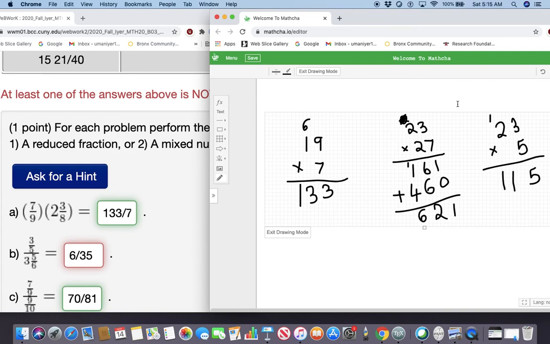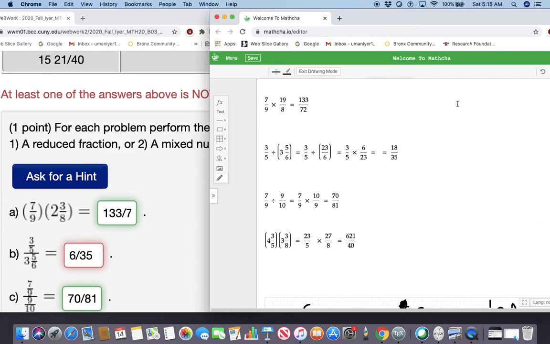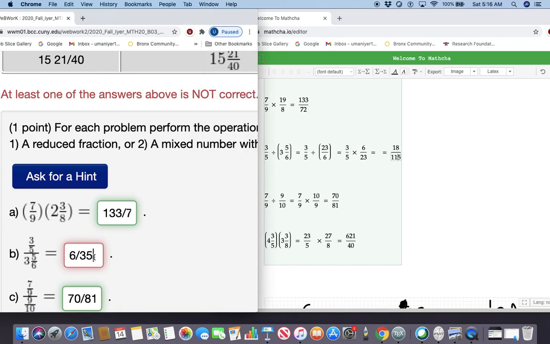So that becomes 115 in the bottom. Sorry about that. One small mistake can lead to an entire error. No mistake is really small. Every mistake is important, so be mindful.